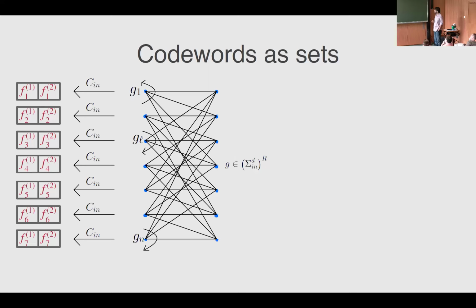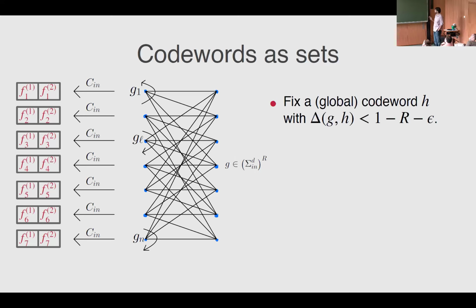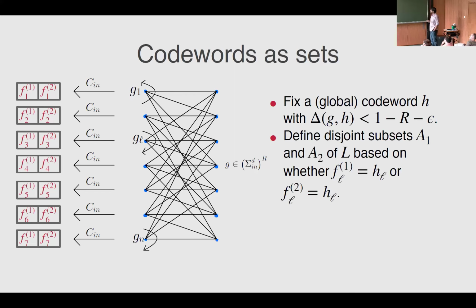Based on this ordering, we define 2 graphs. First, let's fix a global code word edge. The graphs don't really depend on this global code word. Now, before going to the graphs, we define 2 subsets which basically correspond to where this code word lies in each of the left vertices. Is it the first position, second position? That's all these subsets are encoding.